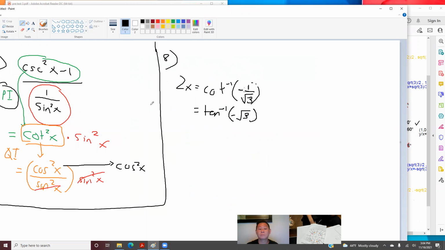So now, can you look at your unit circle and tell me what angle this is? Don't forget, I want it from 0 to 2 pi. Would it be 5 pi over 6?